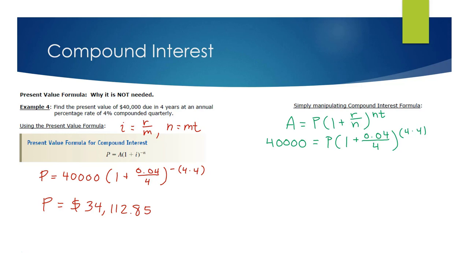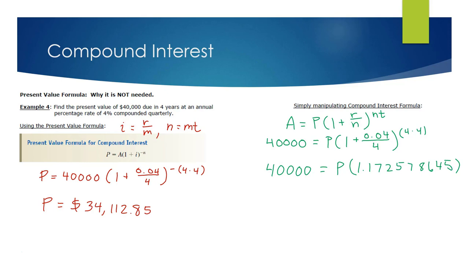When I take that 1 plus 0.04 over 4 to the 4 times 4 power, I get about 1.17257865, and I would use my calculator's memory features to help me with this, typically, because your calculator actually stores more decimal places than it even shows you on the screen.